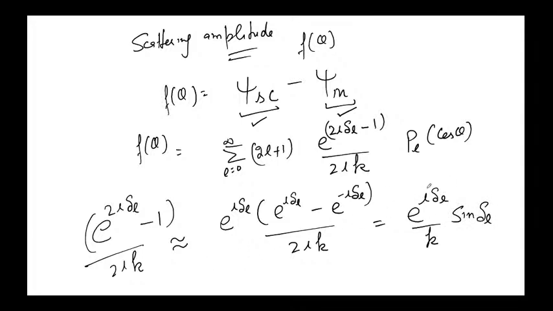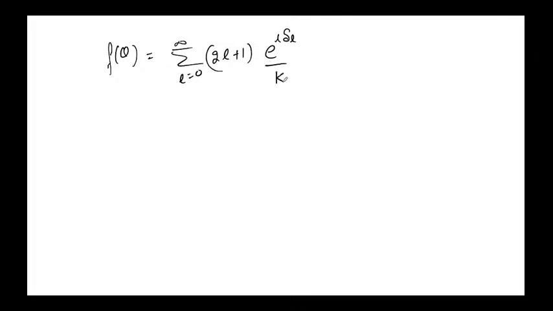So putting these values in the scattering amplitude, f theta becomes the summation of 2l plus 1, exponential of i sigma_l over k, sine of sigma_l, into P_l cos theta. Once we find the scattering amplitude, from that we can calculate the differential cross section.